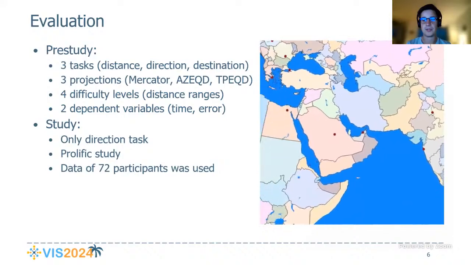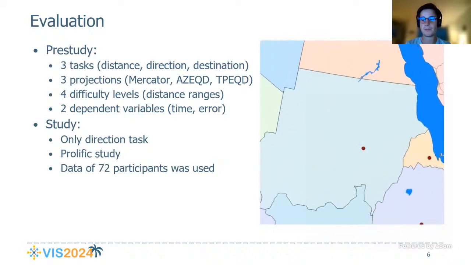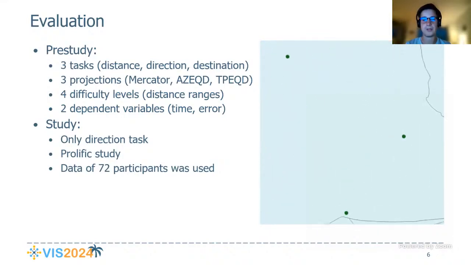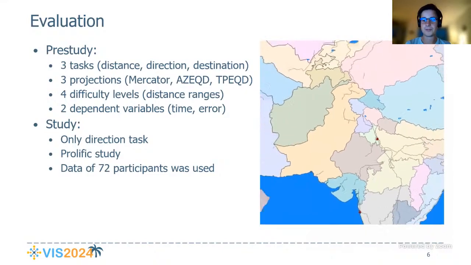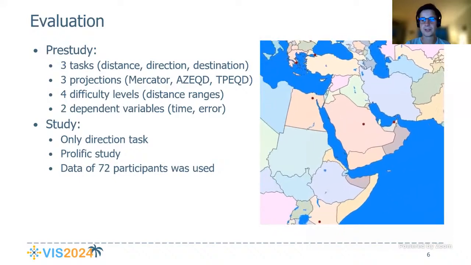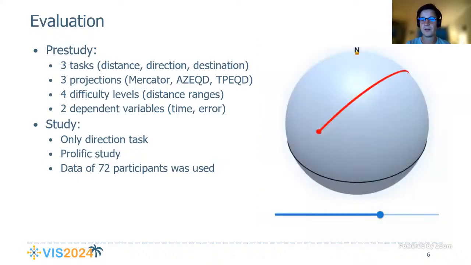Participants were shown an animated transition between random points as a video, as shown here on the right side. Afterwards, they had to answer what direction the transition had taken on a virtual globe. Since we had noticed that participants memorized the geographical landmarks to solve tasks in the pre-study, the globe shown here does not have any geographical features.